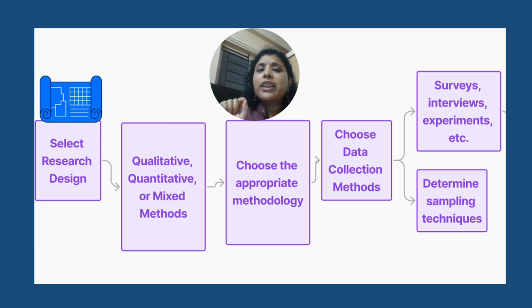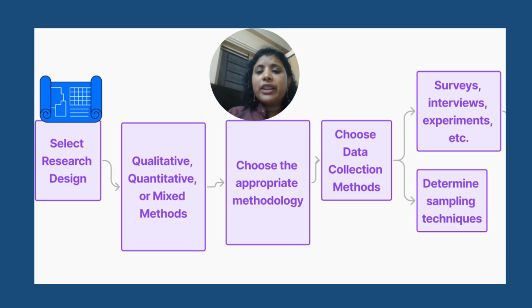A quantitative study is where you collect from a large sample size, and it is more in statistical numbers, whereas the qualitative method uses a smaller sample, collected through interviews, observations, and focus group discussions. Mixed methods are a combination of these two approaches. So again I repeat, qualitative and quantitative: quantitative methods use large sample sizes.